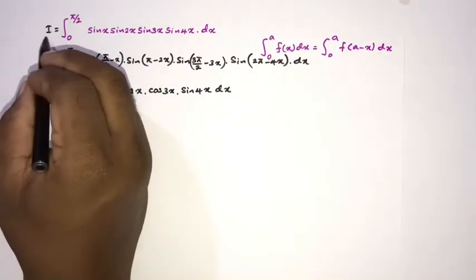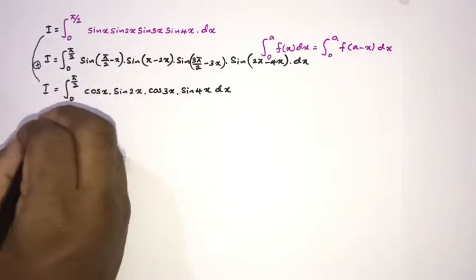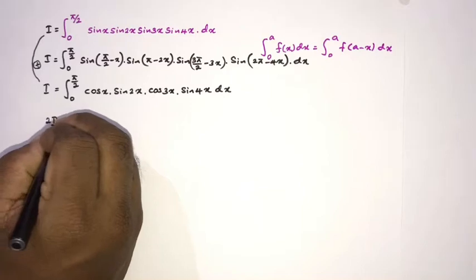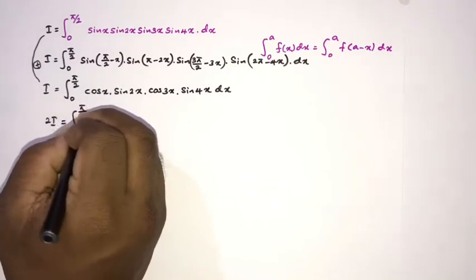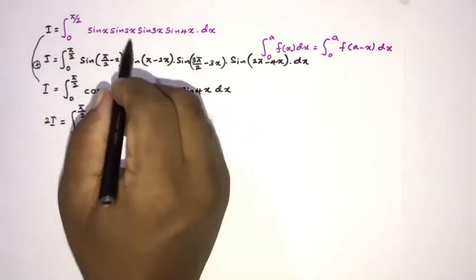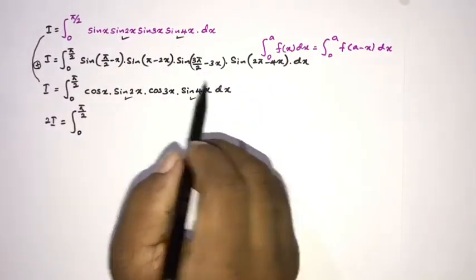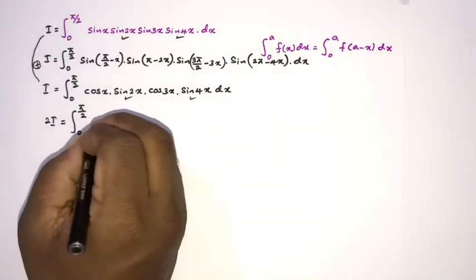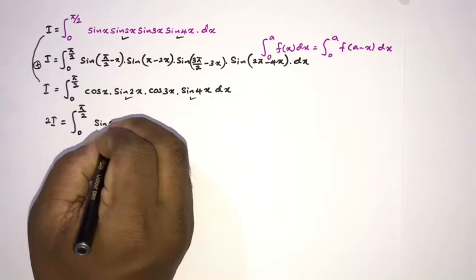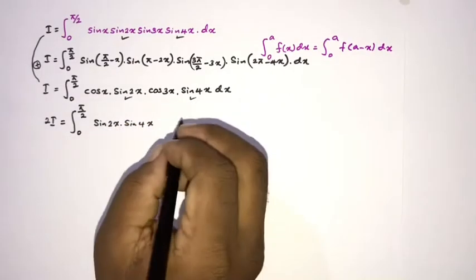Then we can take the sum of these two integrals, so we can write 2 times I is equal to the integral with the same boundary, 0 to pi over 2. Now sine of 2x and sine of 4x are common factors, so we can take sine of 2x, sine of 4x as a common factor.